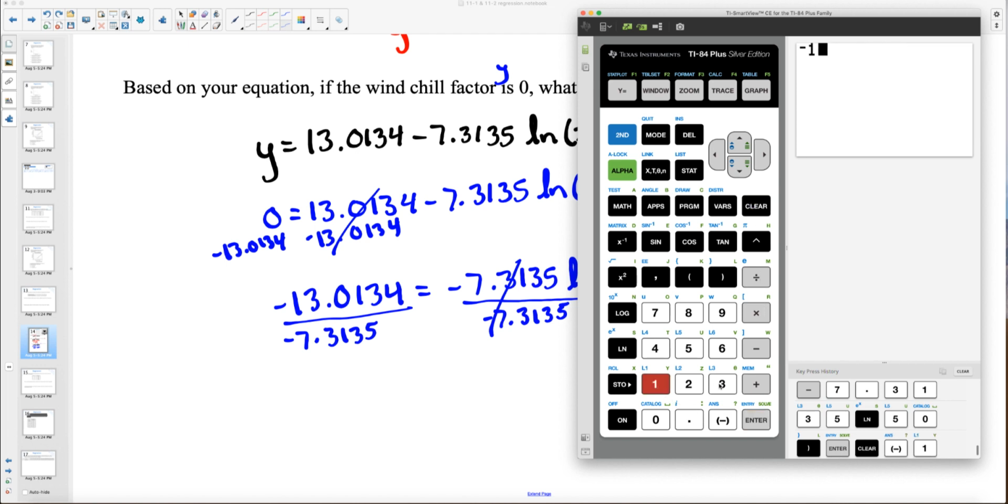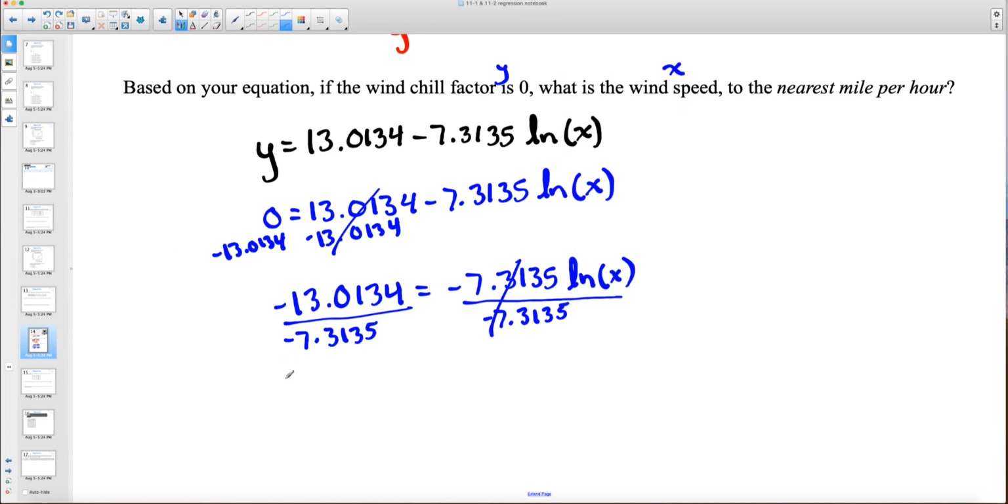So negative 13.0134 divided by negative 7.3135. Okay. So that's going to give us 1.779366 goes on forever, rational number, ln of x.